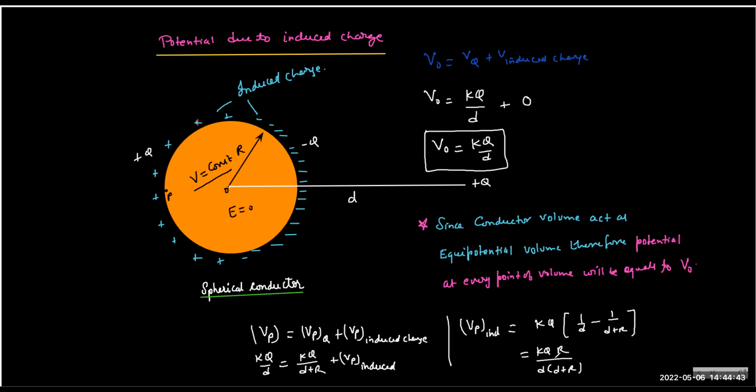So the induced charge will contribute differently from the given charge, but the sum will be the same. That is the takeaway. So now this is where we can end our journey of electrostatics.